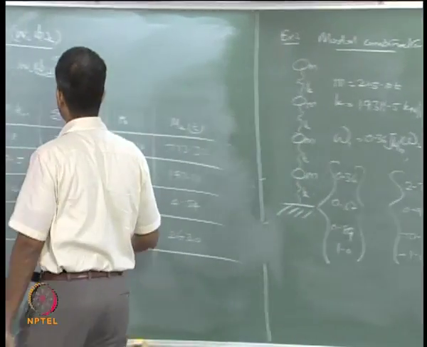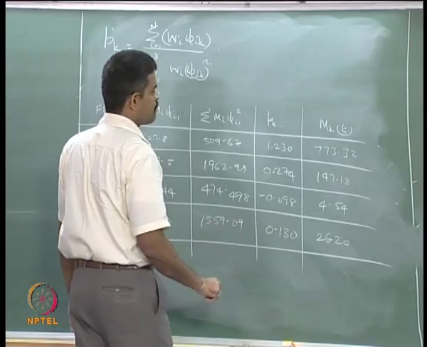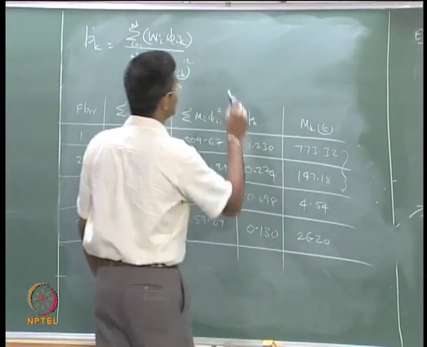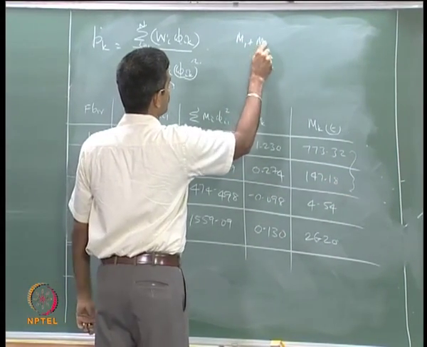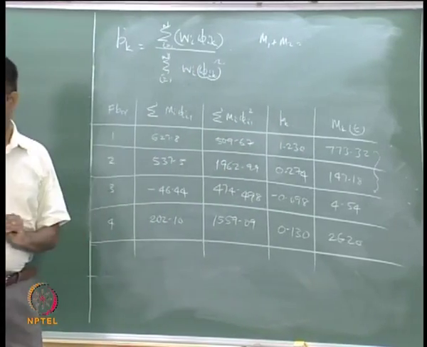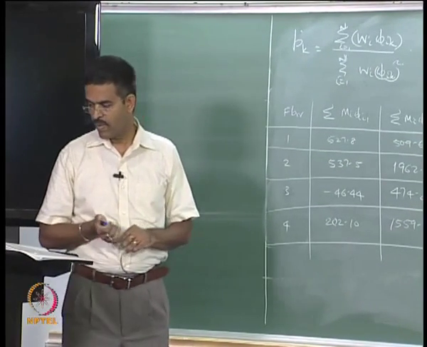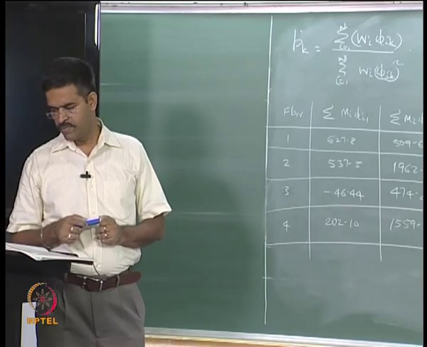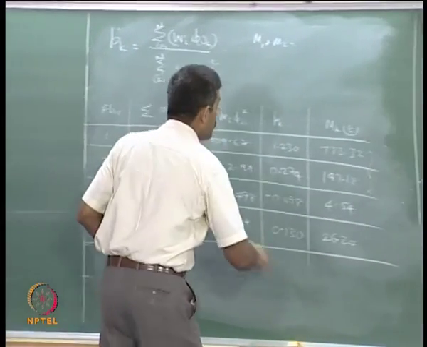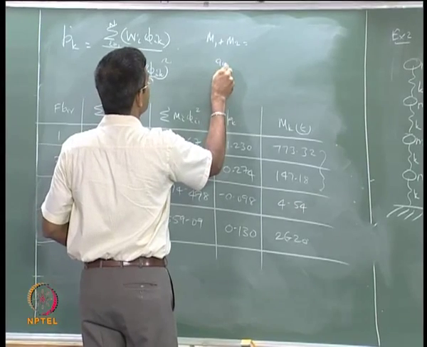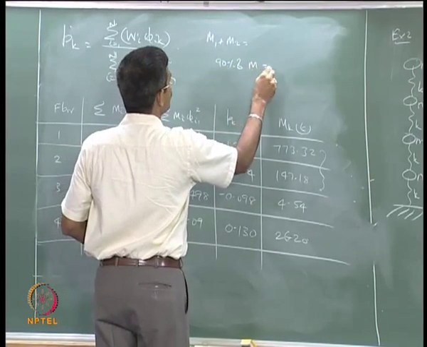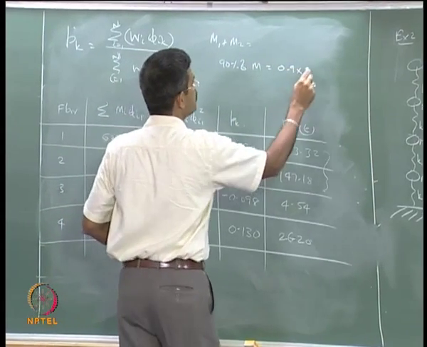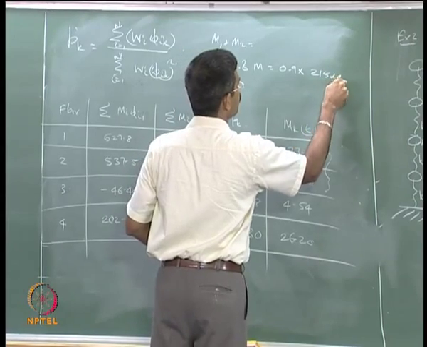Let us also quickly check the sum of m1 plus m2. Or let us find out what is 90% of m, which is 0.9 of 215 of 4.